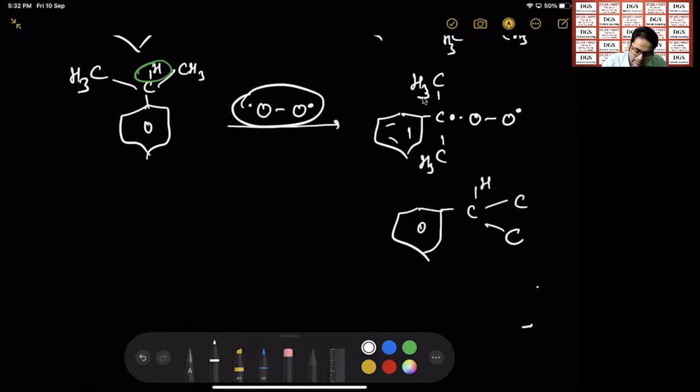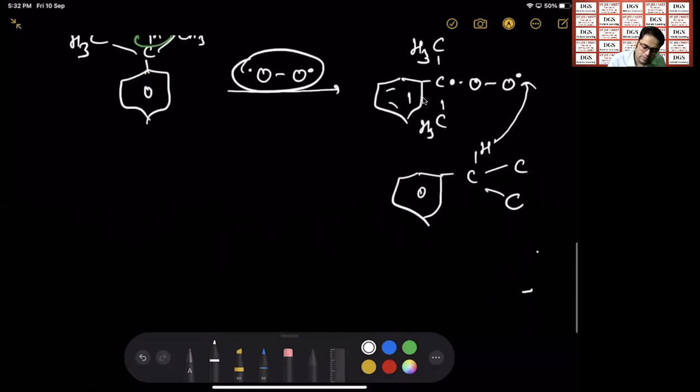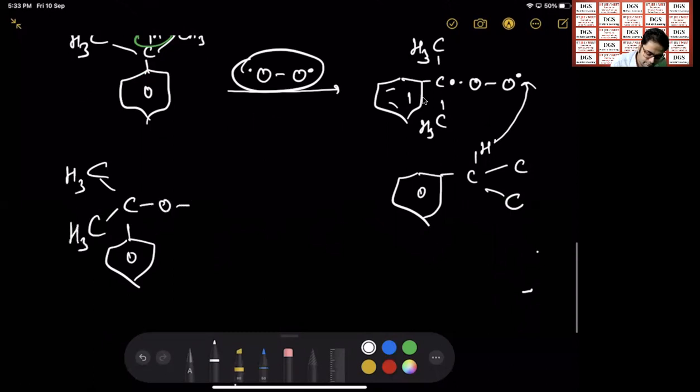So again, this benzylic hydrogen can be taken by this oxygen, and we'll have another free radical prepared for the continuation of the process. So now what we actually get is this one, the cumene hydroperoxide.